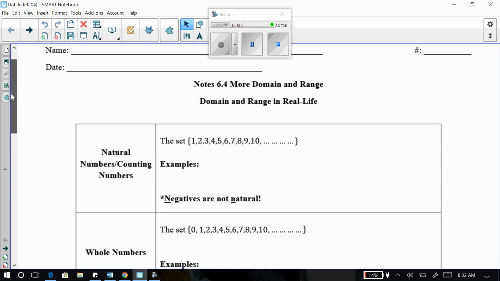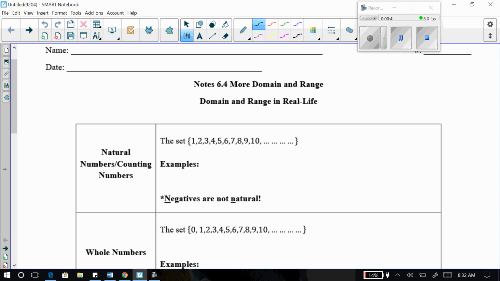The first number we have is called a natural number or counting number. I always say these are the numbers where if I were to say, hey, start counting, you would naturally start counting. So you would go 1, 2, 3, 4, 5, 6, and so on and so forth.